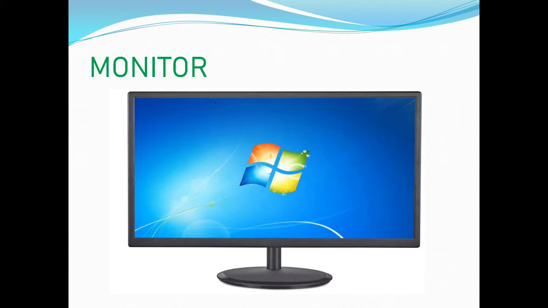There are various kinds of monitors: CRT monitor, LCD monitor, LED monitor. CRT means cathode ray tube, LCD means liquid crystal display, and LED means light emitting diode. So this is the output device where we can see our program.